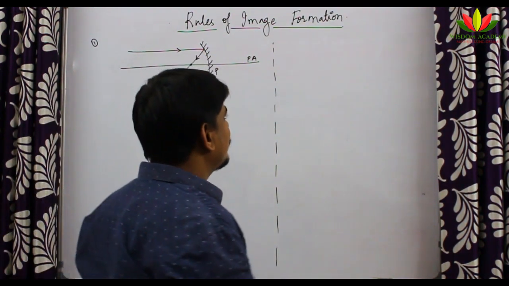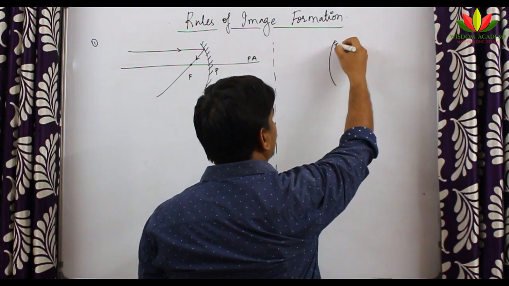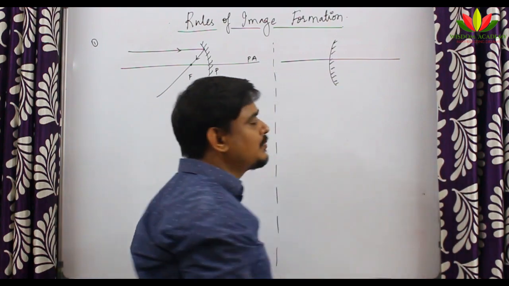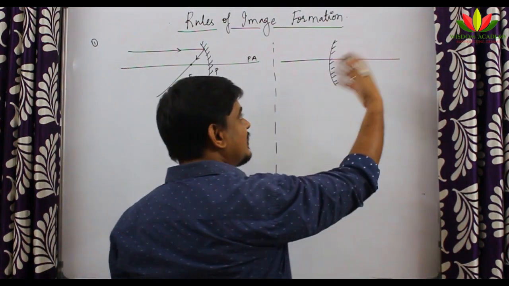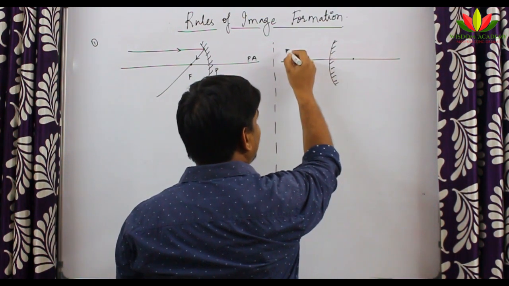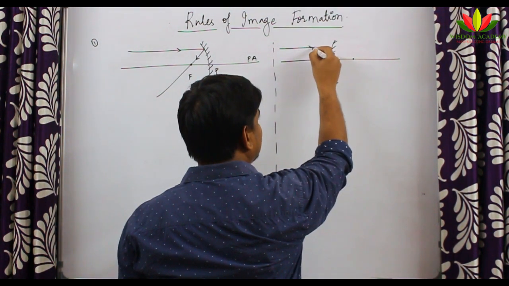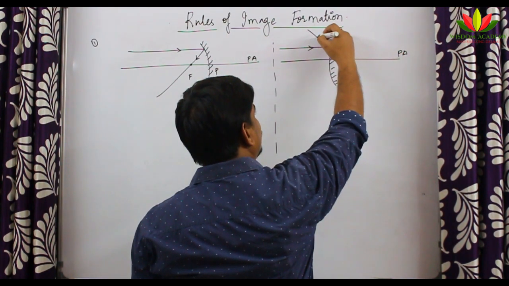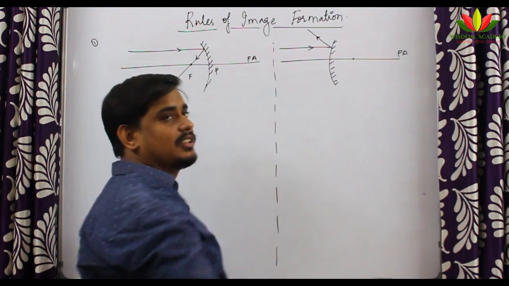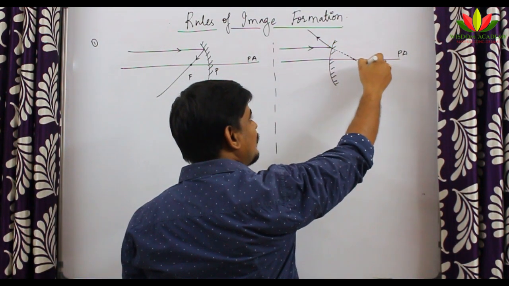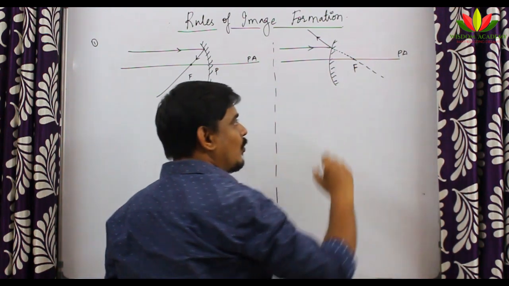Suppose the same thing in the case of a convex mirror, where the outer side is polished. Though the inner side is polished, the center of curvature remains on this side only, and the focus remains on this side only. So what will happen? A ray coming parallel to the principal axis will get diverged in some direction, but if you extend it backwards, it will seem to pass through the focus.